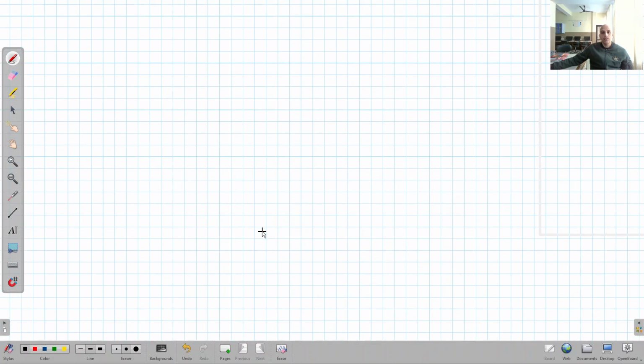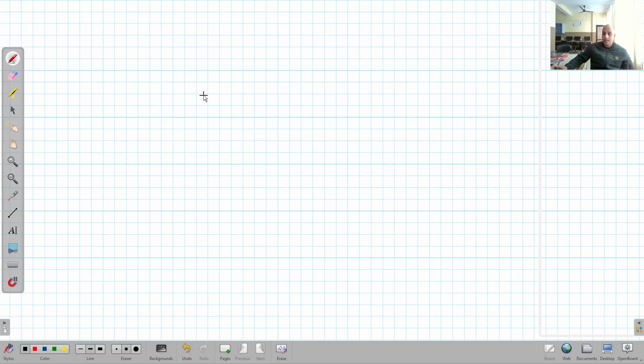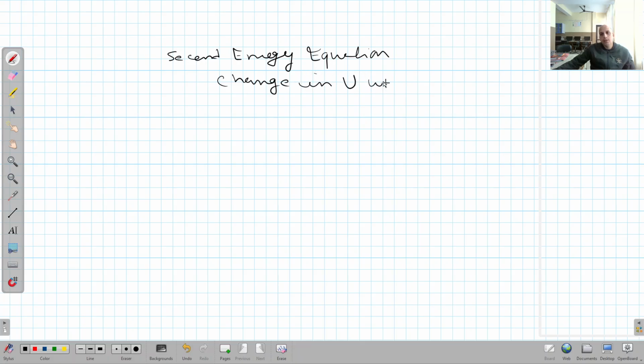So let's take the second energy equation case. Now, the second energy equation basically deals with the change in internal energy U with the pressure. Clear?